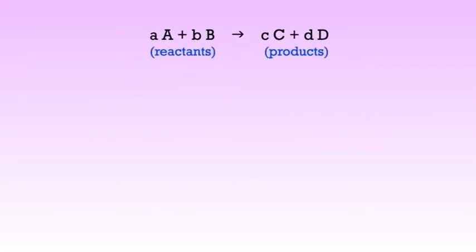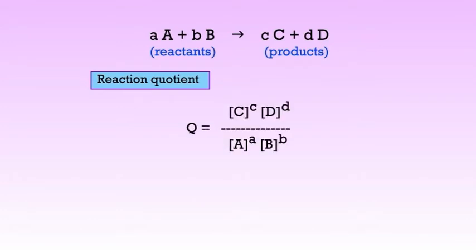Now for the reaction, reactants A plus B, which gives rise to C plus D, the reaction quotient is Q equals the product of the concentrations of C and D divided by the product of the concentrations of A and B. It has been shown that delta G equals minus nF delta E and delta G naught equals minus nF delta E naught.